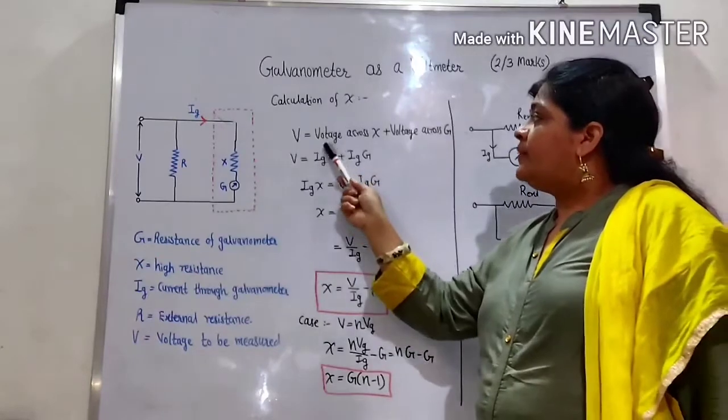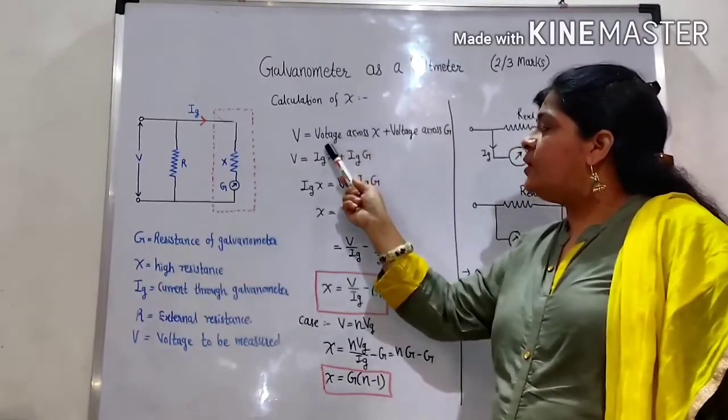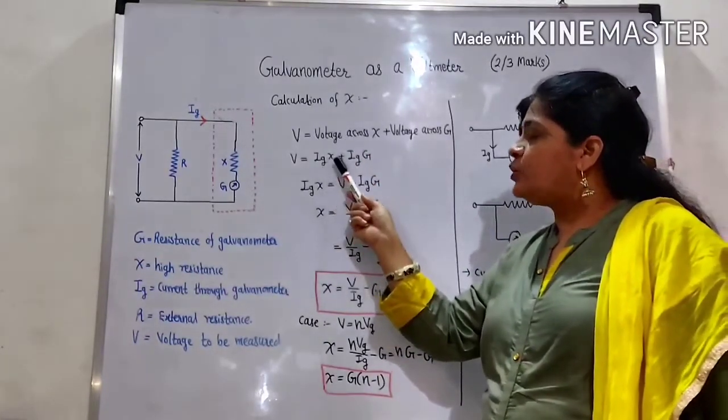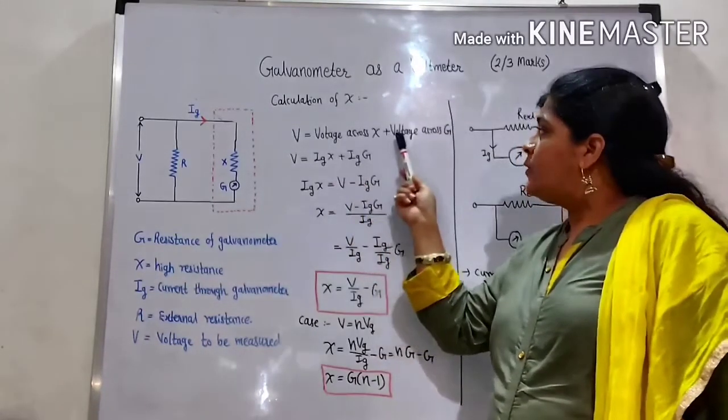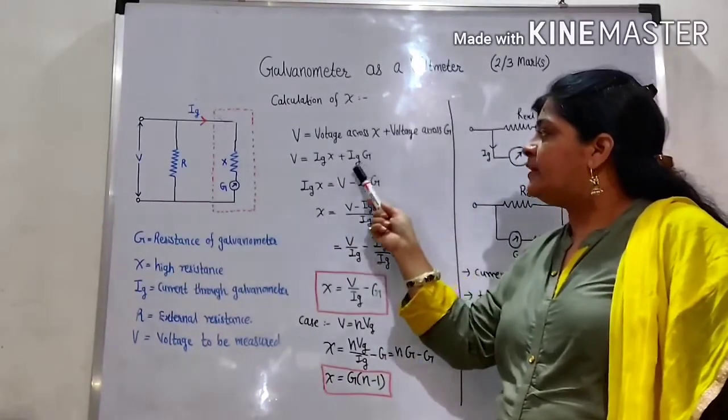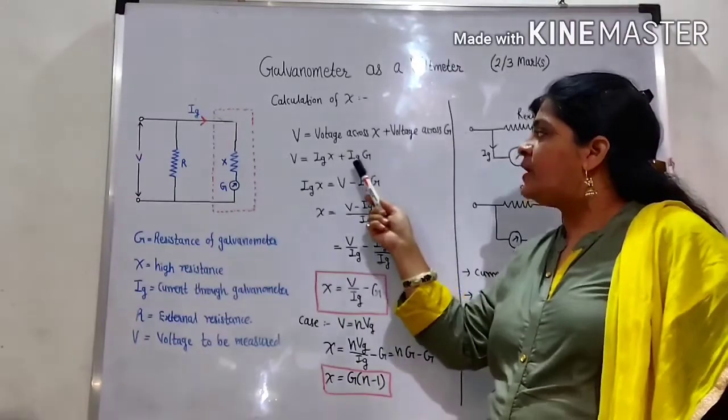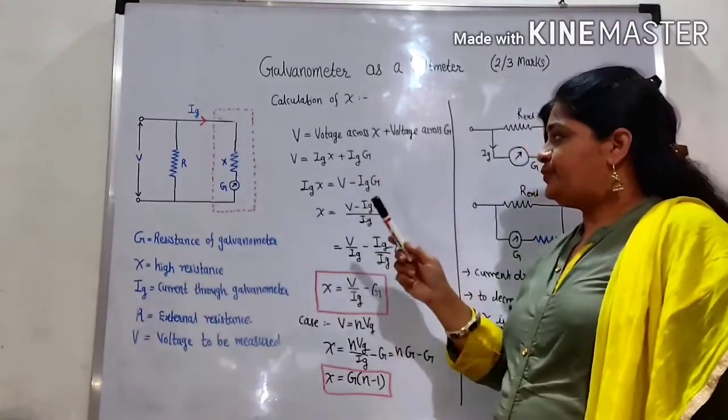So the voltage is Ig into X, plus the voltage across G, the current into the resistance of the galvanometer, Ig into G.